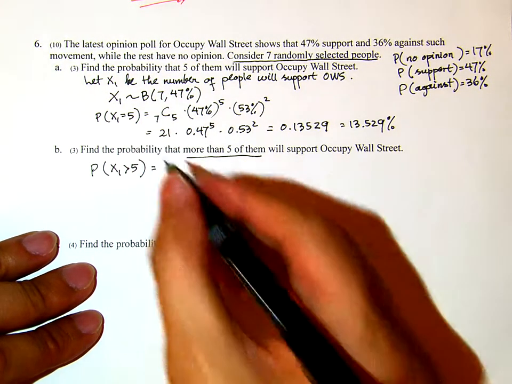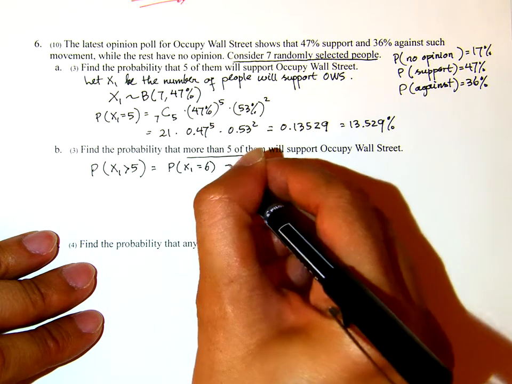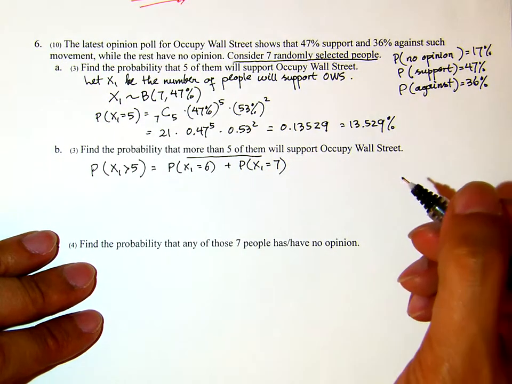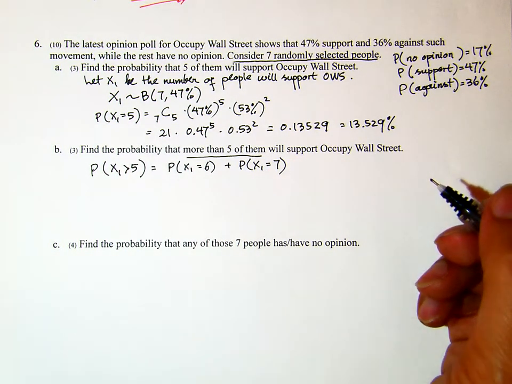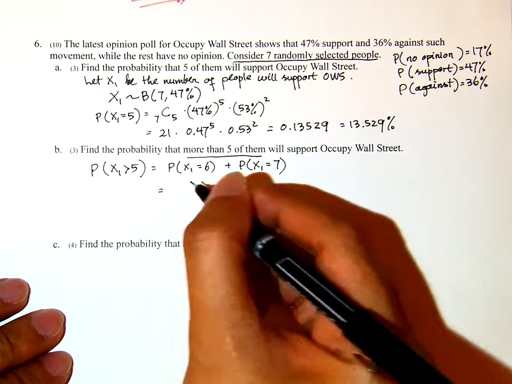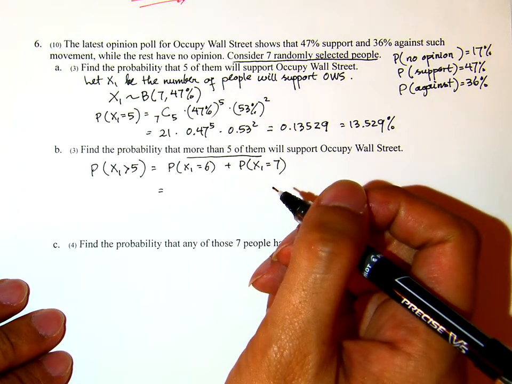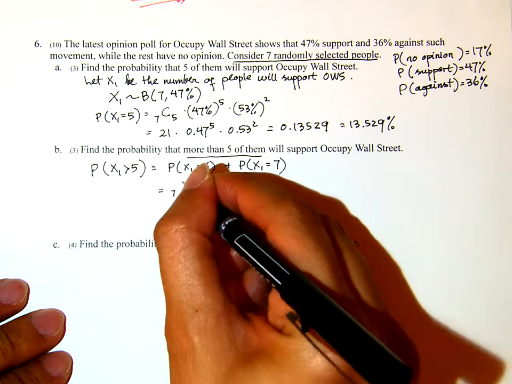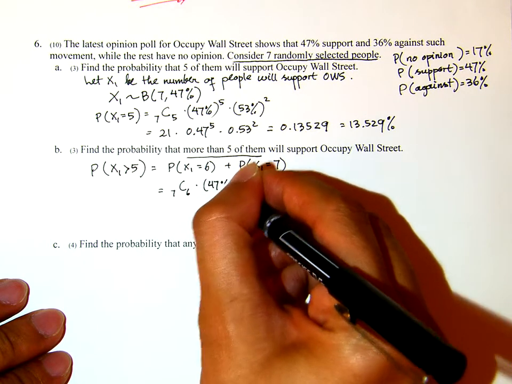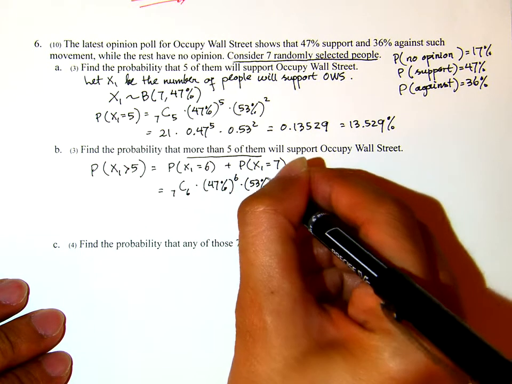To say more than 5 means there are 6 or 7, at most 7, because we only select 7 people. For each of them we compute the probability. That 6 of these 7 will support is 7 choose 6 times 47% to the power of 6 times 53% to the power of 1.